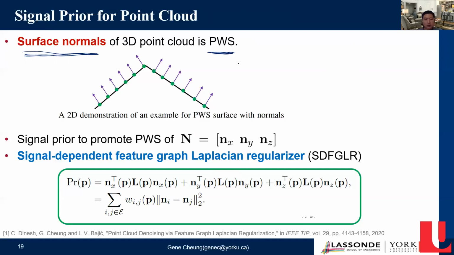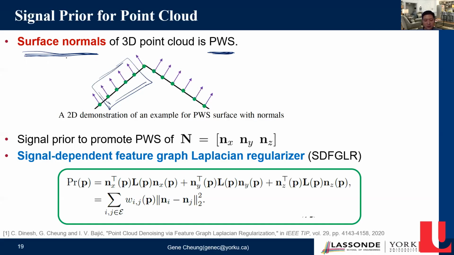If a surface is completely smooth, such as this side, that means all the surface normals are pointing in the same direction. Then whatever penalty term or regularization term you have in mind should evaluate to 0, because that's what you want. You want something smooth.